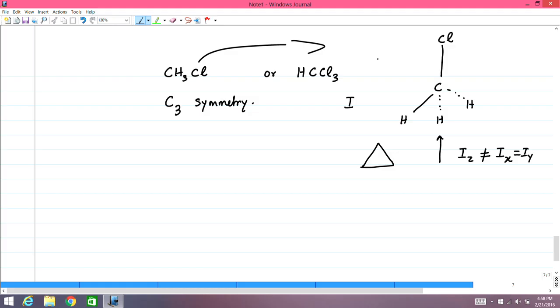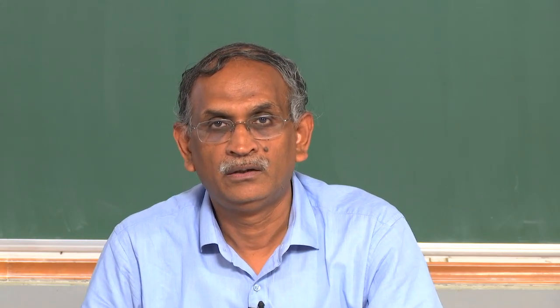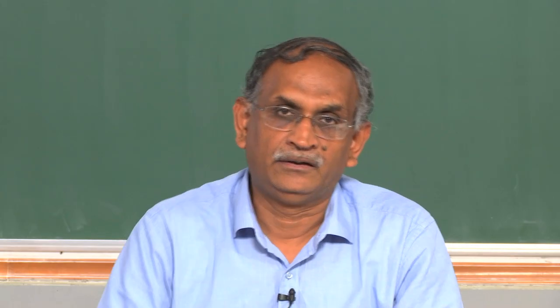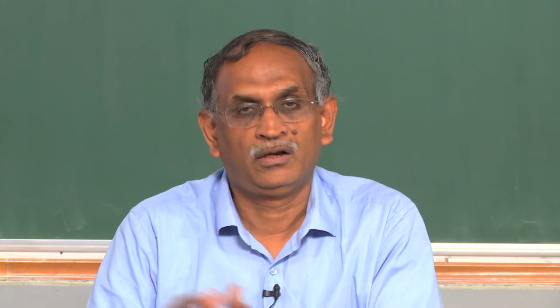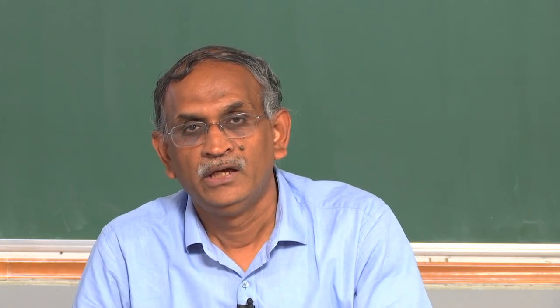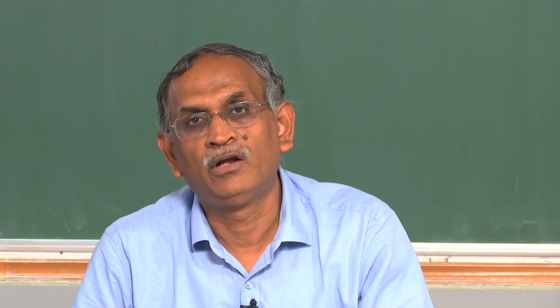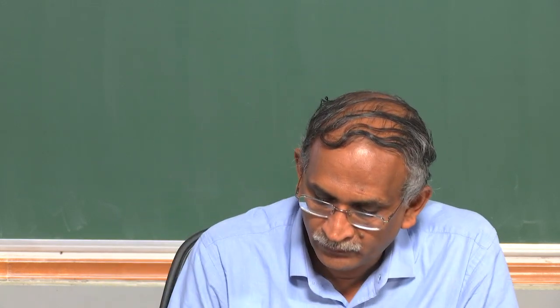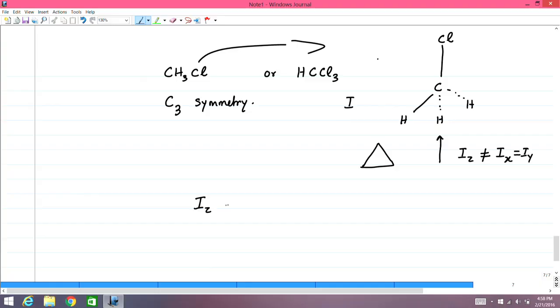And there are two categories here: the different moment of inertia from the other two which are equal may be less than the other two or greater than the other two. If it is less than the other two, we call that a prolate symmetric top. If Iz is less than Ix, which is equal to Iy, it is called prolate symmetric top.